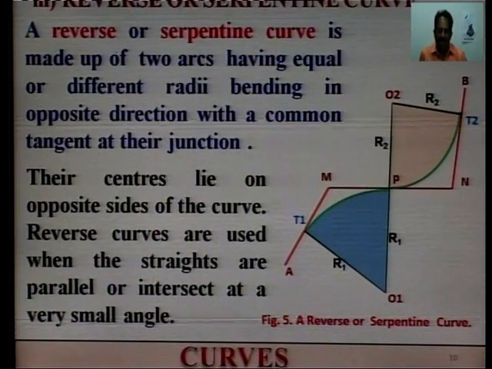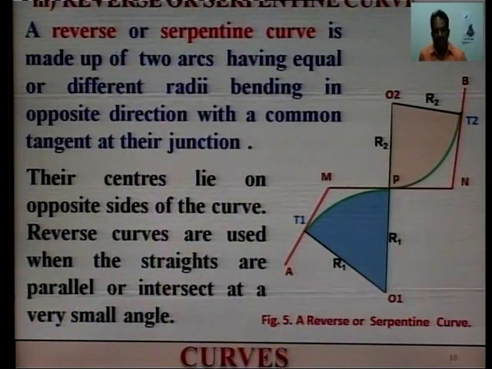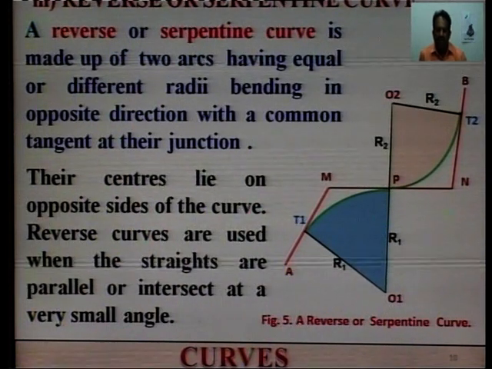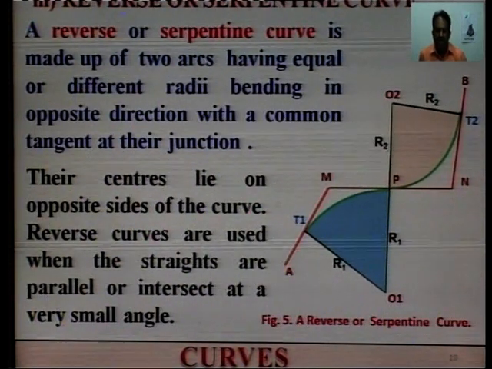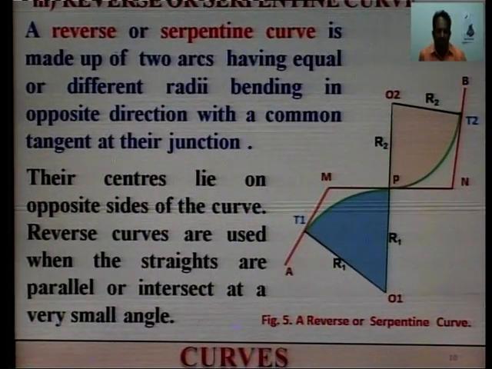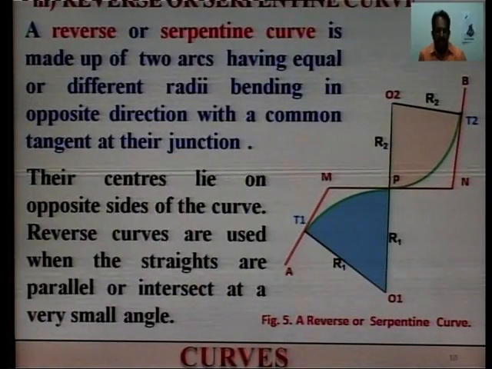Their centers lie on the opposite sides of the curve as is shown on your screen. O1 center is on the lower side and O2 center of the curve is on the upper side. So, their centers lie on the opposite sides of the curve.